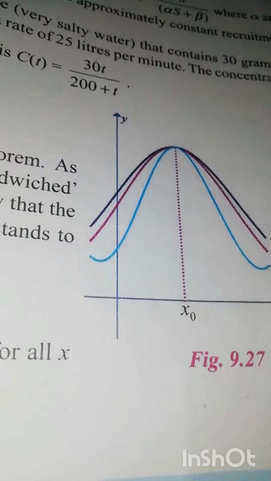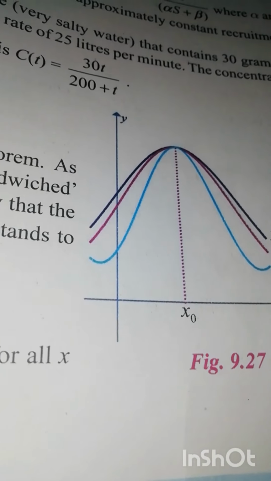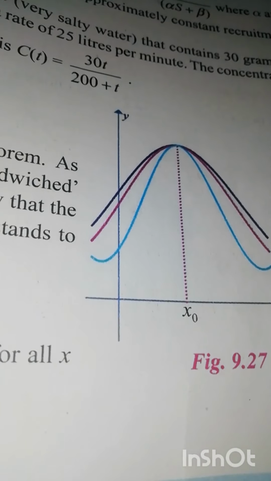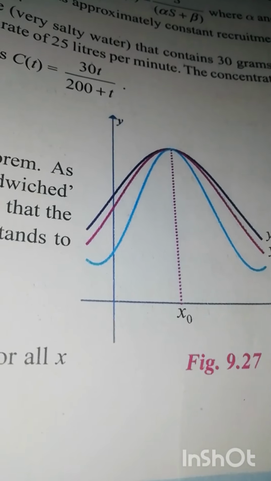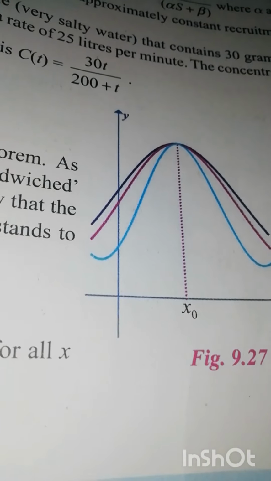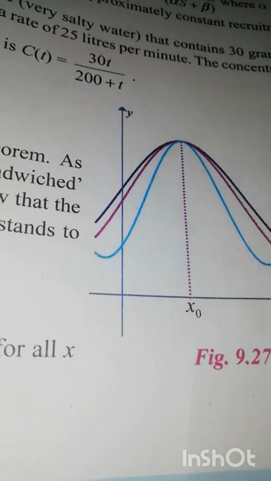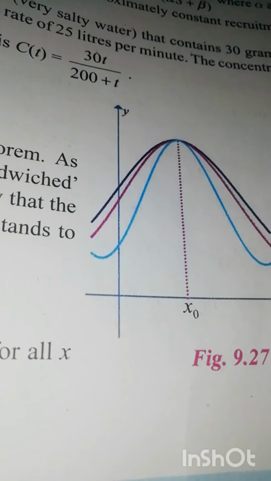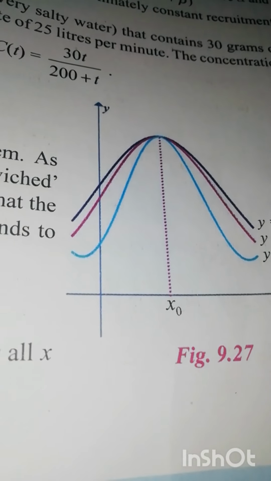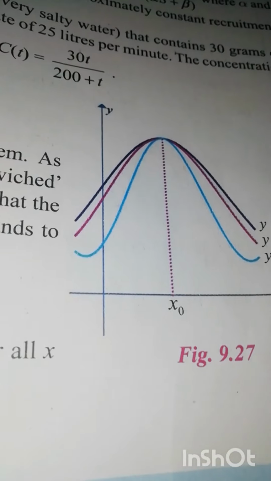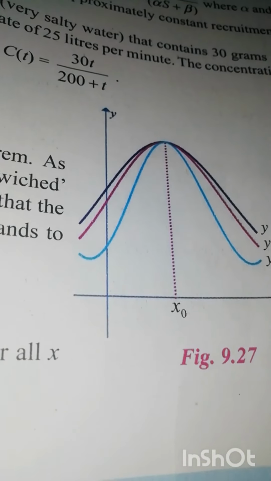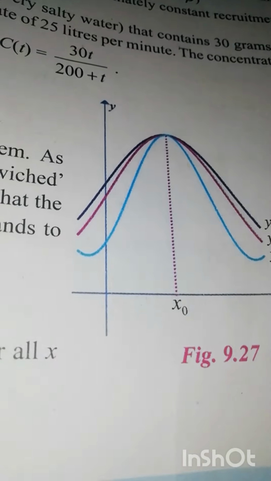But we can discuss that later. You can see the given three functions, blue color, violet color, navy blue color, and in every function the left hand limit and right hand limit are equal. For a left hand limit, put the symbol x tends to x naught, with a minus as superscript. For limit x tends to x naught with a plus as superscript, that is called the right hand limit.